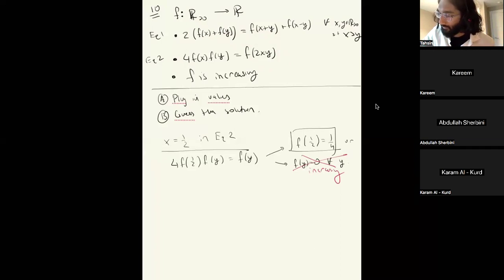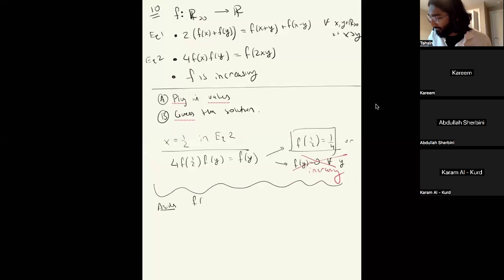So yeah, we can do the same thing with the log as before. Maybe this is an aside. For now, I will ignore the 4 and the 2. But if you take log, you get log f of x plus log f of y equals log f of xy.